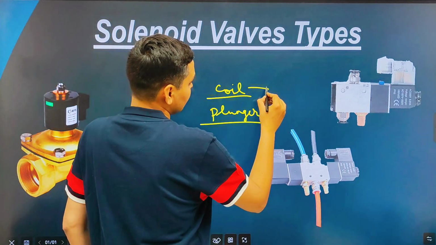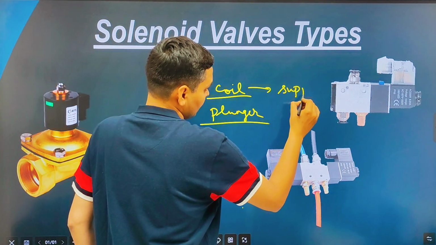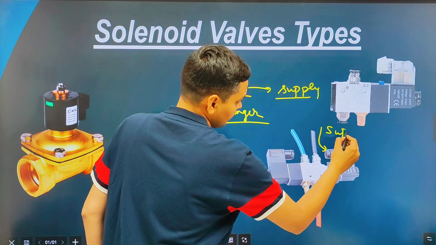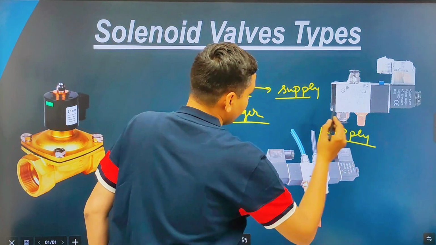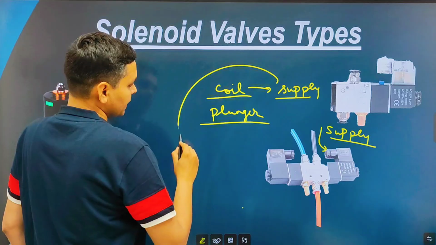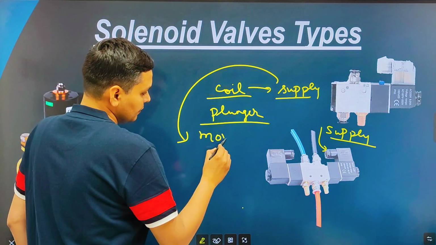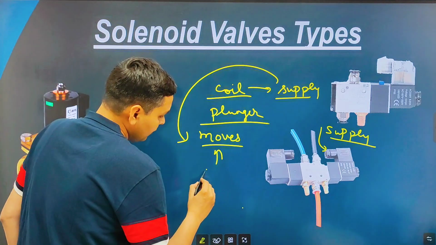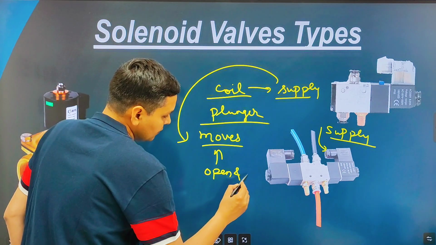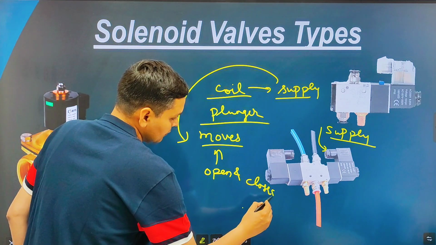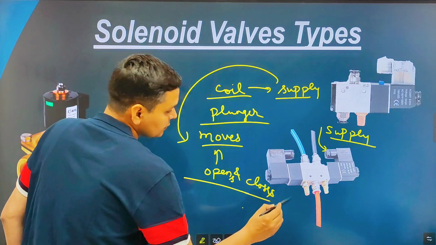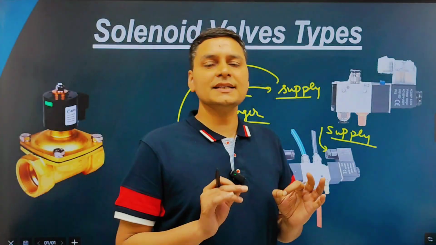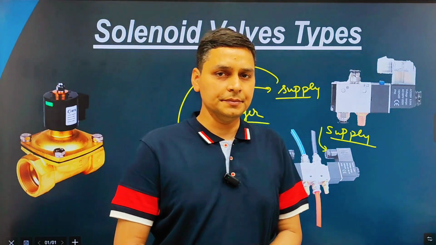A supply is given to the coil, and after this supply the plunger moves and the valve opens and closes. So this is a simple working of a solenoid valve. Now let's discuss its types.